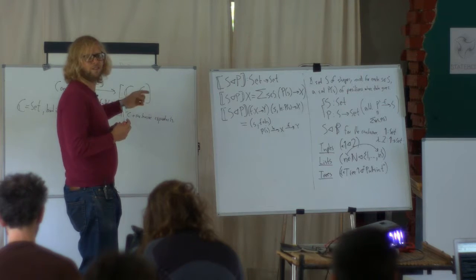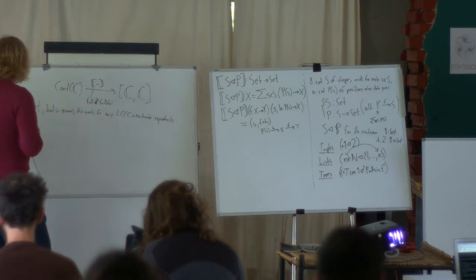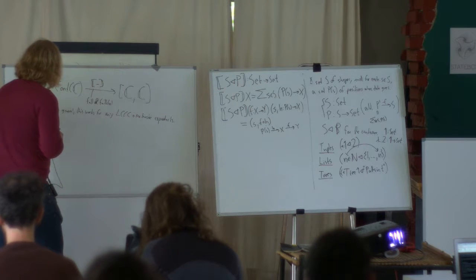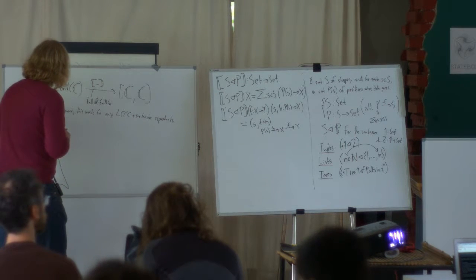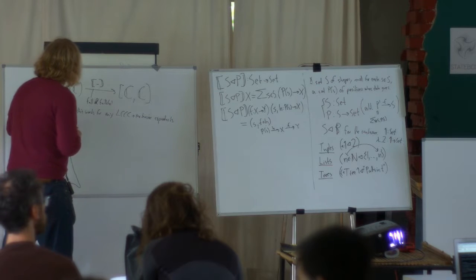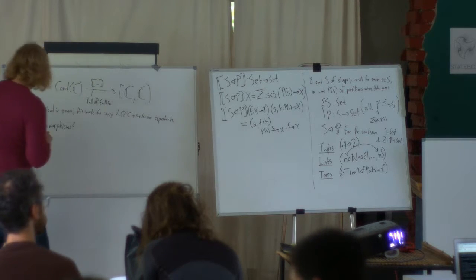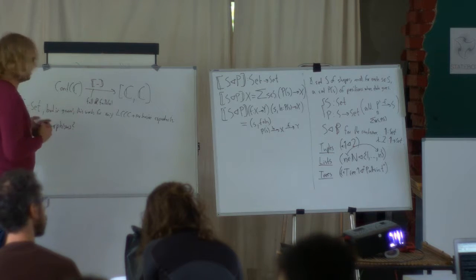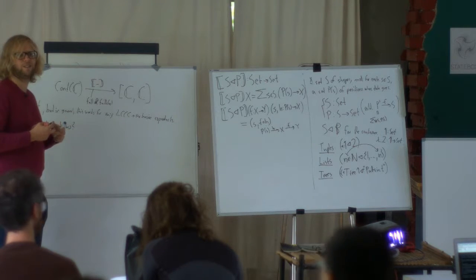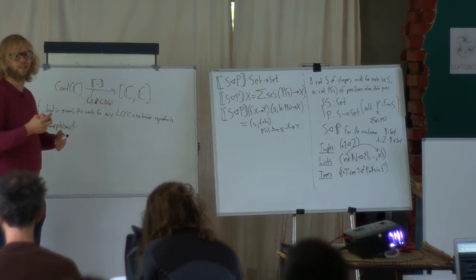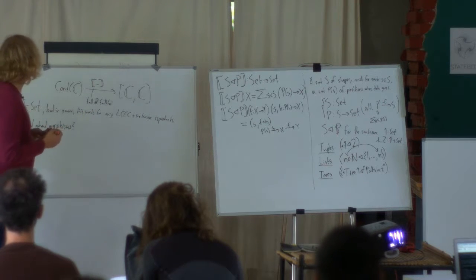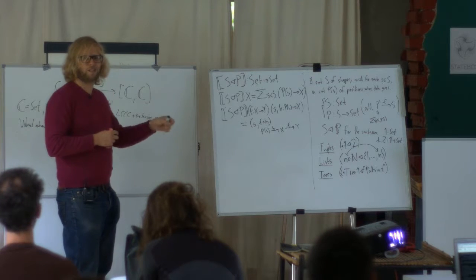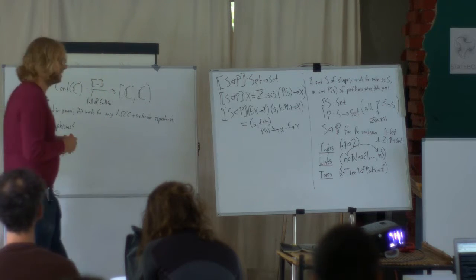So let's look at some examples. So what are natural transformations? These are intuitively things that don't really look at the x. So I should be able to either use the functorial action on x before or after I transform.